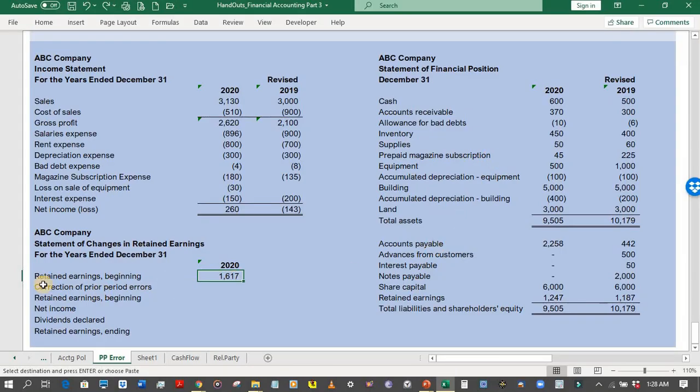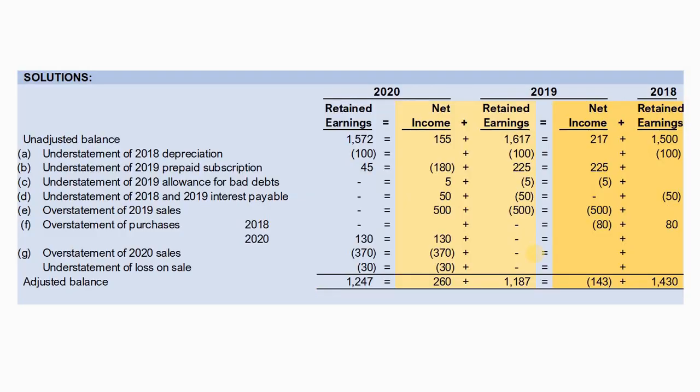Then the correction of prior period errors that is adjusted to the 1,617 pesos is negative 430. So the negative 430 correction of prior period errors pertains to the net effect of all these adjustments in the retained earnings of 1,617 pesos.